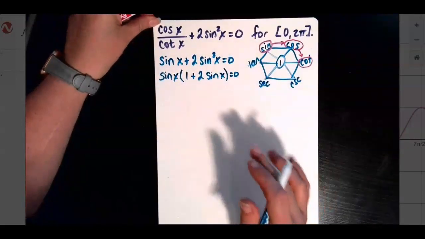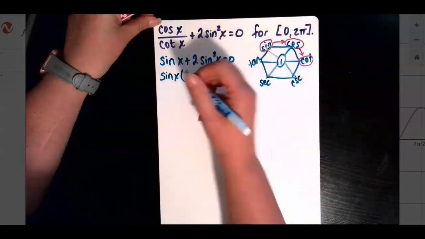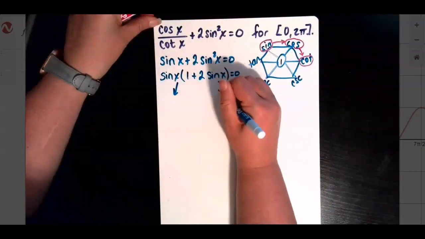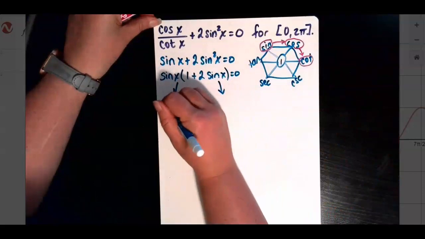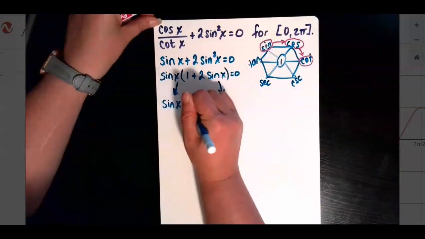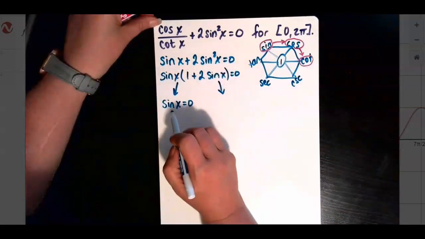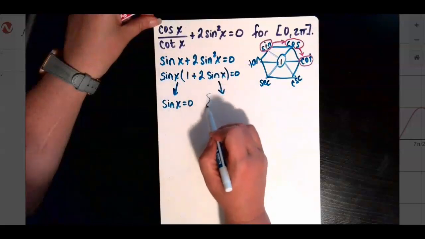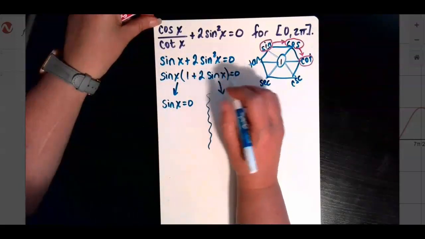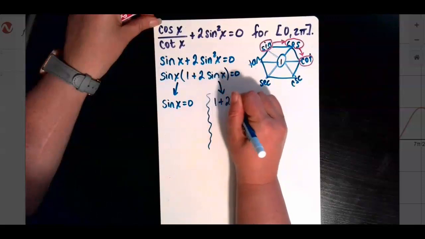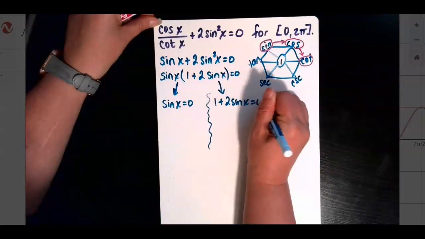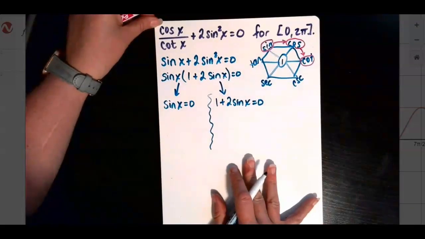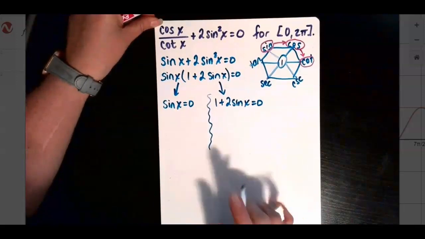And now that it's completely factored, it's equal to 0, we can use the zero product property to solve this by setting the first factor equal to 0, sine of x equals 0, and then setting the second factor, 1 plus 2 sine of x, also equal to 0, and solving those two equations separately.